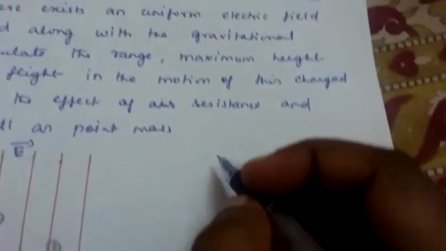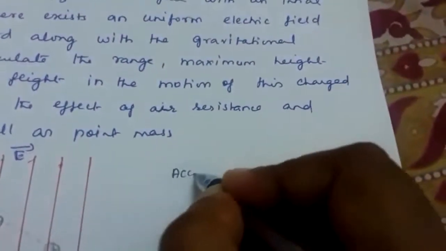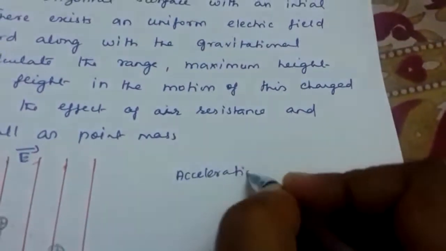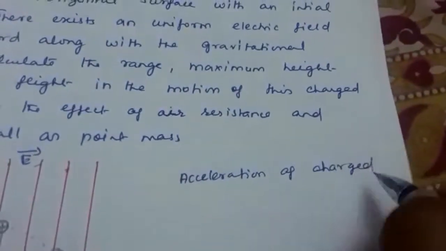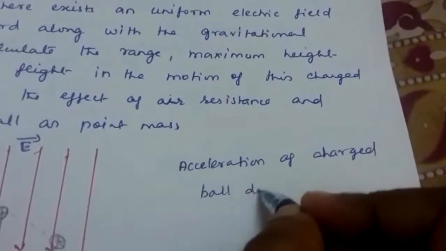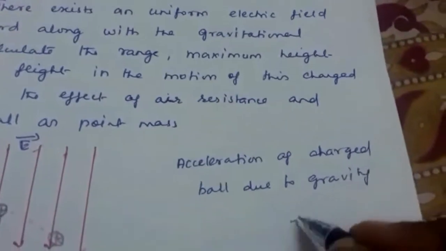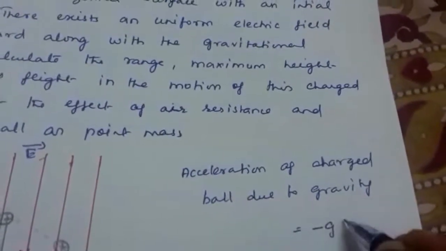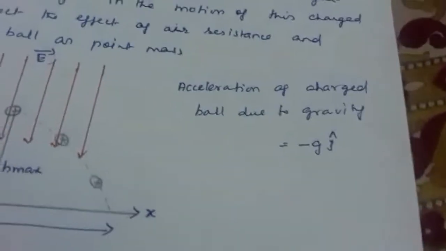The acceleration of the charged ball due to gravity is equal to minus j vector, because it is in the negative y-axis.